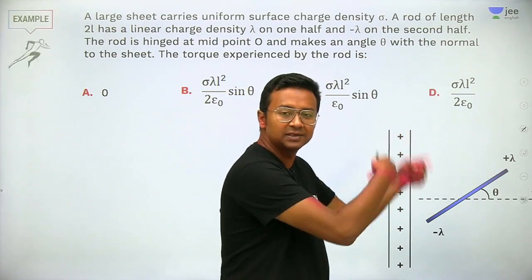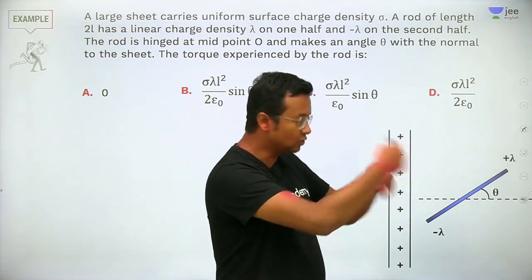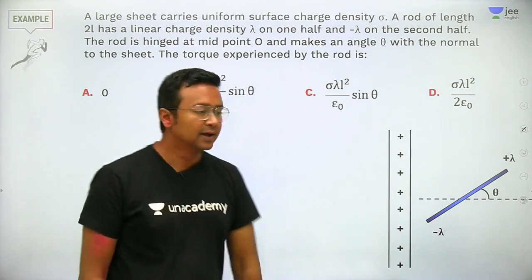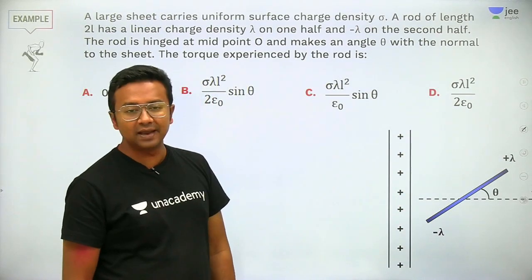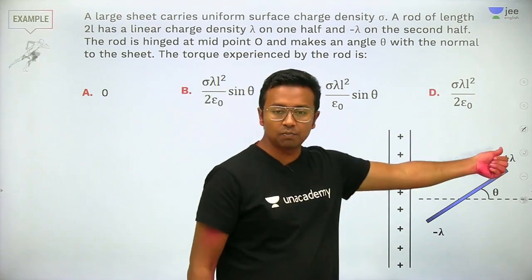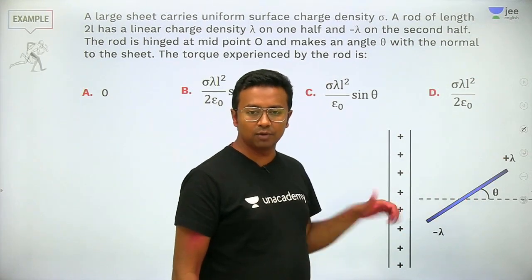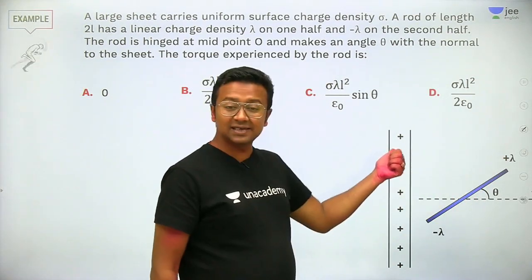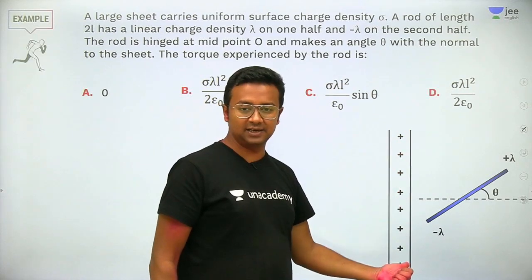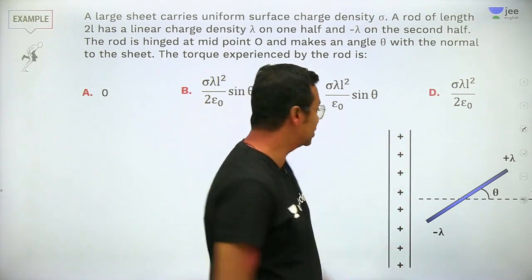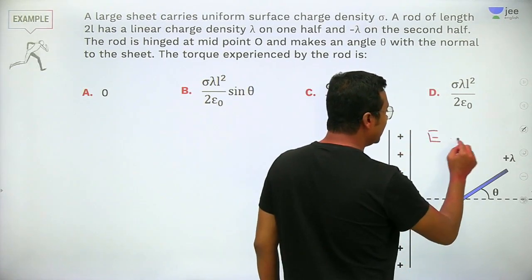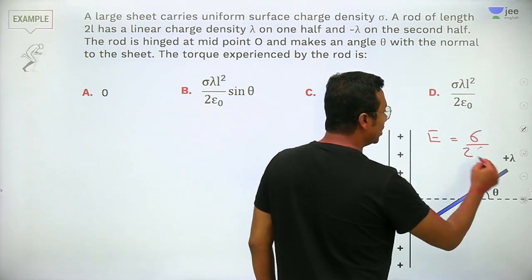So it is going to experience a torque this way. It's going to move like this. Net force will be equal to 0. Whatever forces are acting on the topmost point, the same forces will be acting on the bottommost point. Now since it is a sheet of charge, electric field will be equal to sigma divided by 2 epsilon naught.